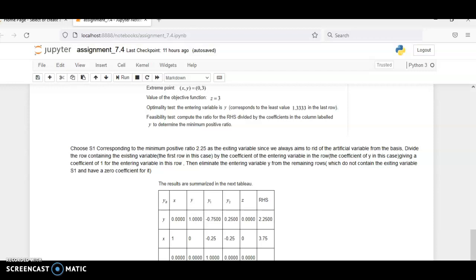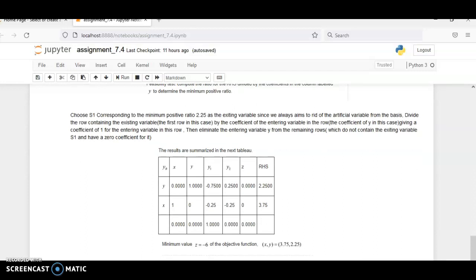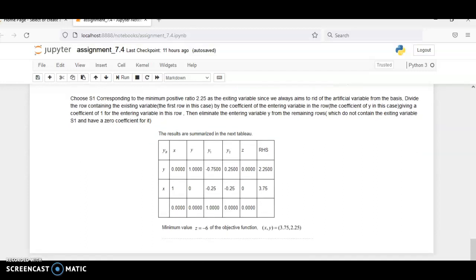Divide the row of the exiting variable, the first row in this case, by the coefficient of the entering variable in the row, the coefficient of y in this case, giving a coefficient of 1 for the entering variable in this row.